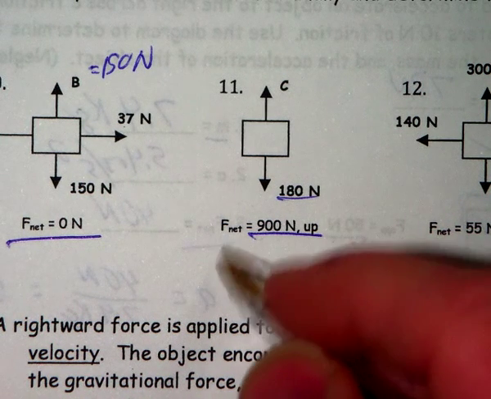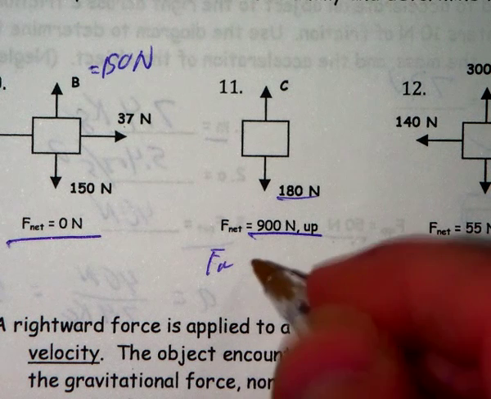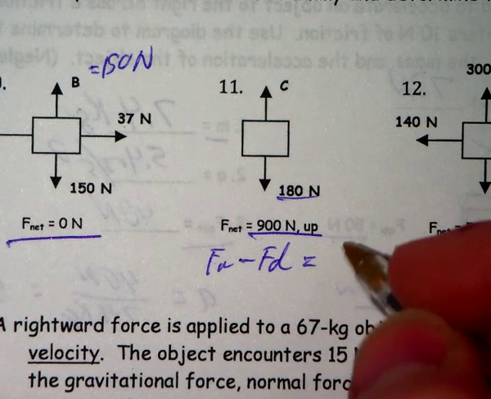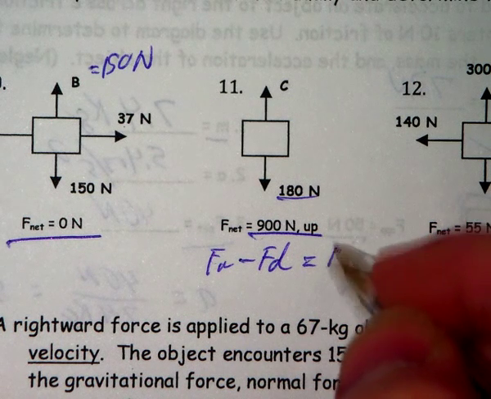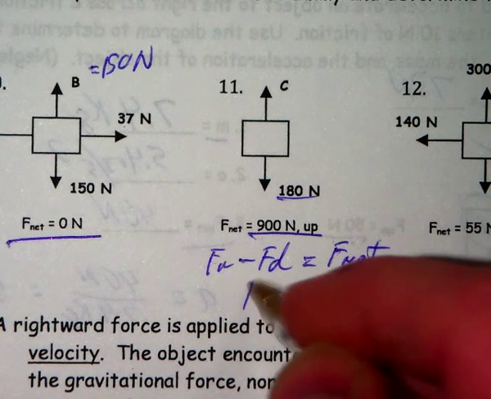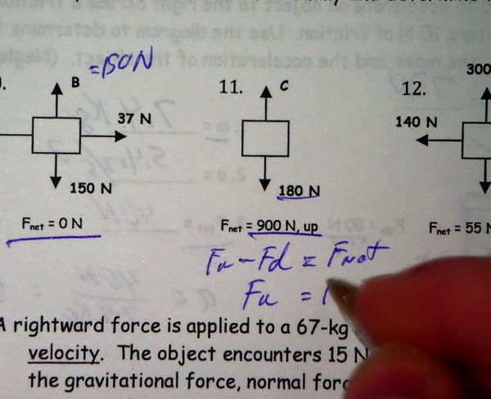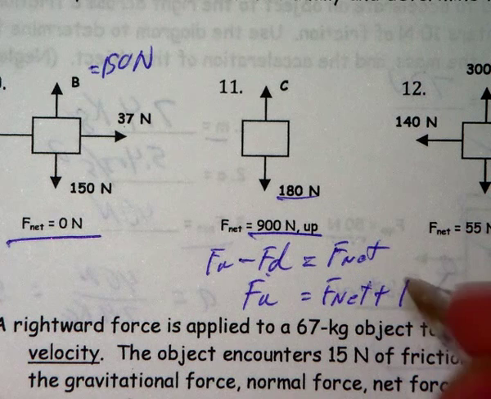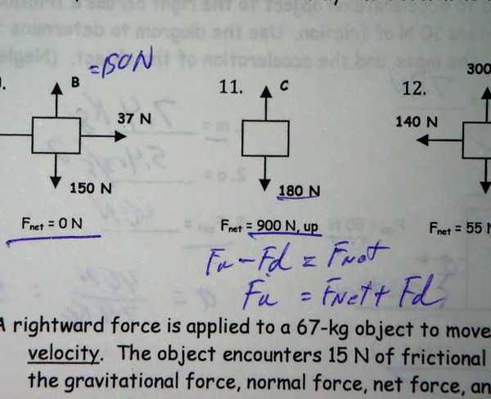So I'm going to have the force up minus the force down has got to be equal to the net force. So that means my force up is going to be my force net plus my force down. Mathematically, that's how I do that.